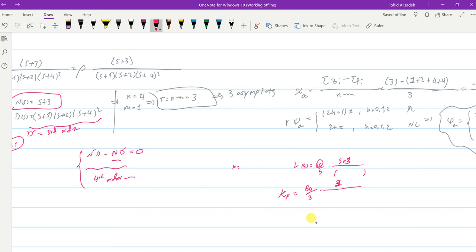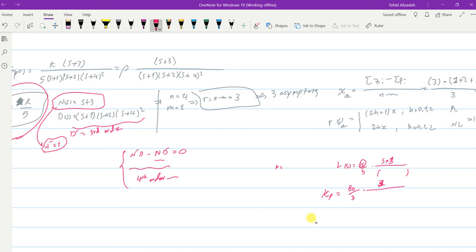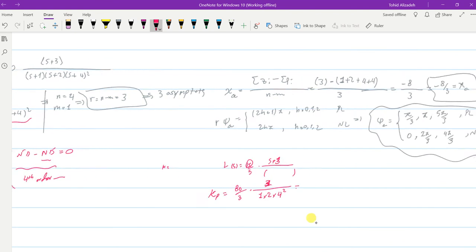If I replace s with 0, we will have 3 over 1 times 2 times 4 squared. So kp will be equal to 80 over 3 times 3 over 1 times 2 times 4 squared, and the 3s will cancel each other. So we'll have 80 over 2 times 16. If we divide this by 2, we will get 40.